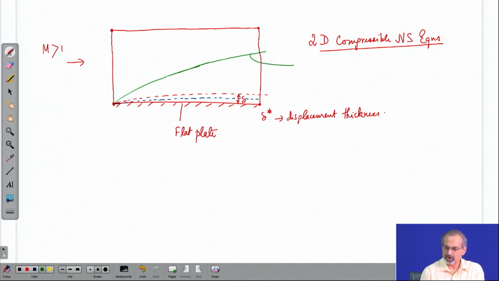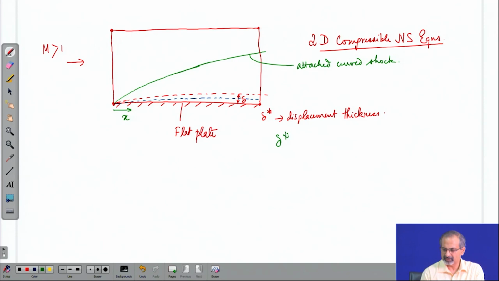So, this shock will be an attached curved shock. Why curved? Because the displacement thickness is changing along the flow direction. It is a function of x.